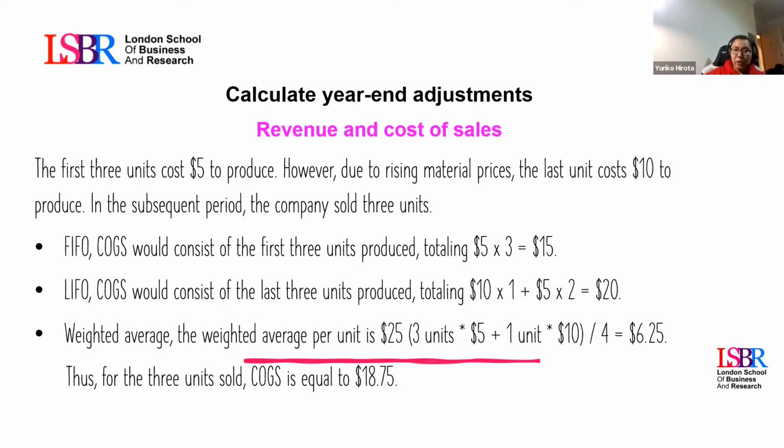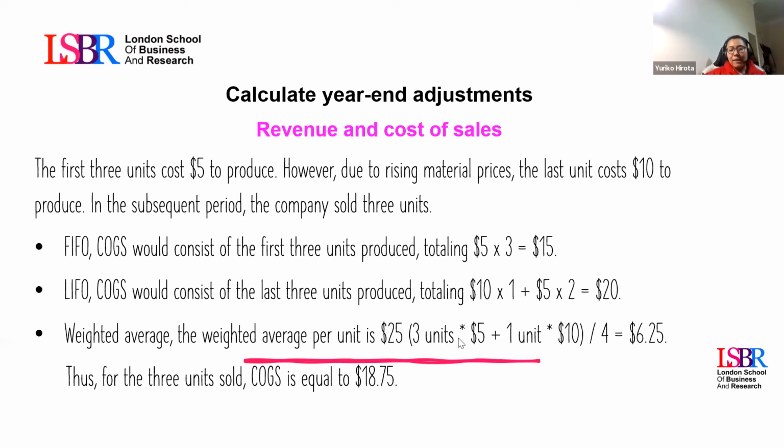The third valuation method is a little bit more complicated in comparison with the first two, but in general, it's not complicated at all. So in weighted average, we need to do the next operation.